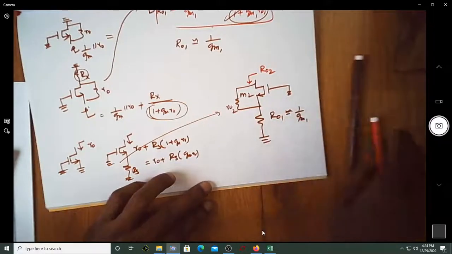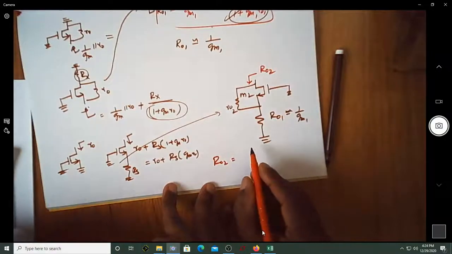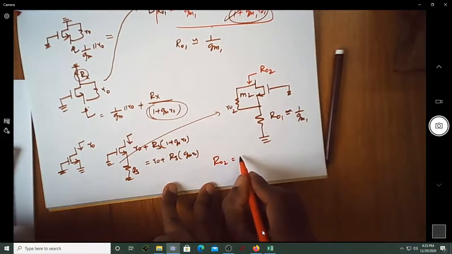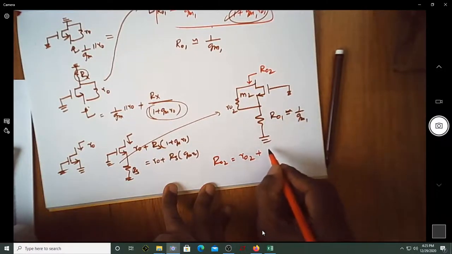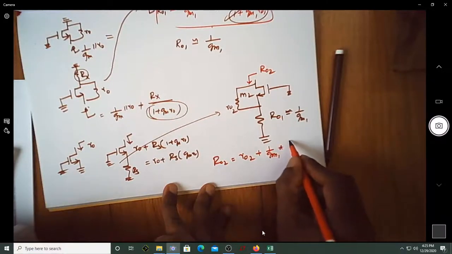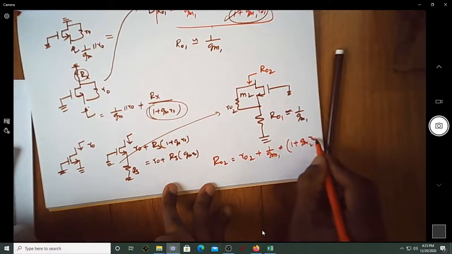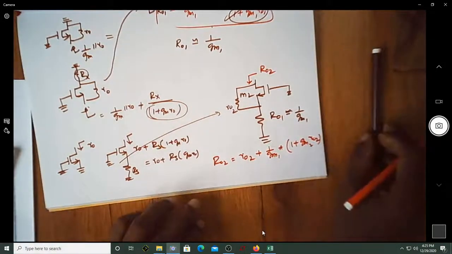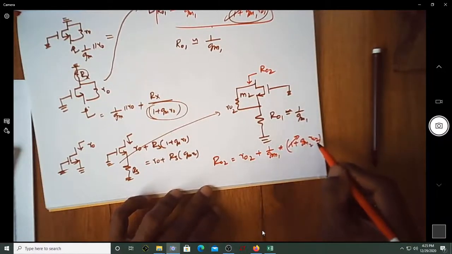Of course, now I can write R02 as equal to, so is it not, small r naught 2 plus the resistance of this, which is nothing but 1 over gm1 multiplied by 1 plus gm2 into r naught 2. Now you can certainly neglect this 1 compared to gm2 into r naught 2.